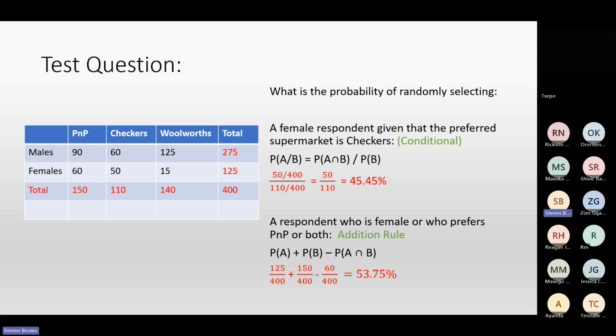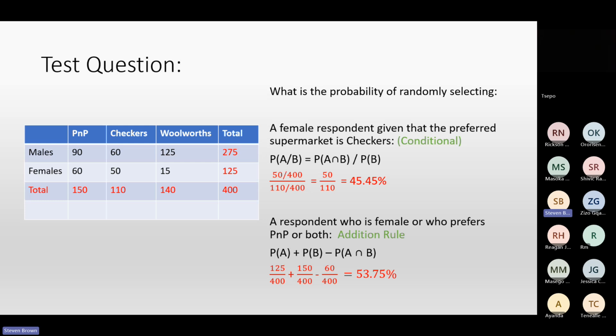Here, I've just given you the formula, but I want to show you the eyeball method because this is something to take note of. All the other probabilities that you are calculating at the moment are going to have the denominator as 400. The conditional is the only one that does not have the total cohort as a denominator. In other words, the number here doesn't go on the bottom, and I will explain why that is the case.